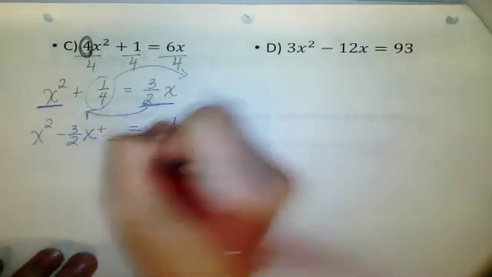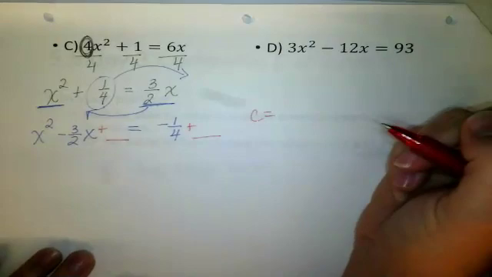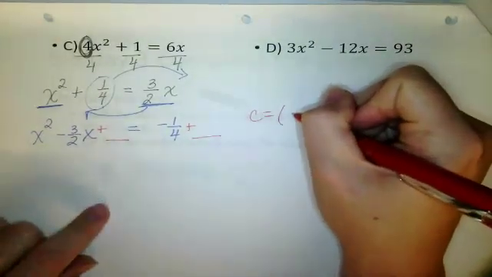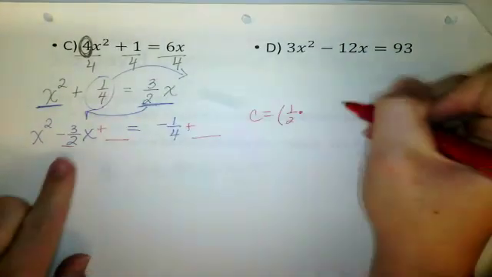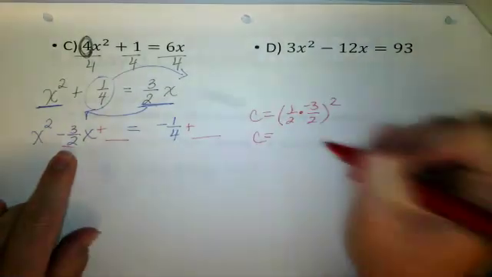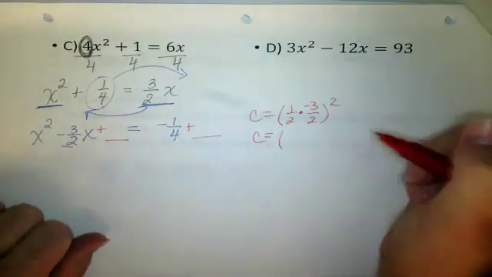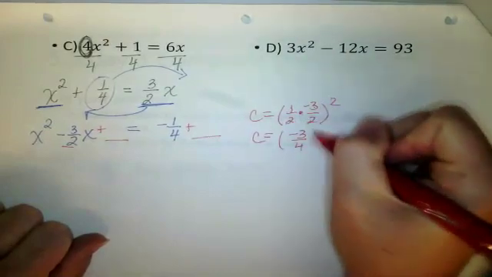I'm going to go ahead and add some blank spaces. How do you figure out what C is? Half of negative 3/2 quantity squared. How do you multiply fractions? Straight across. 1 times negative 3 is negative 3. 2 times 2 is 4.